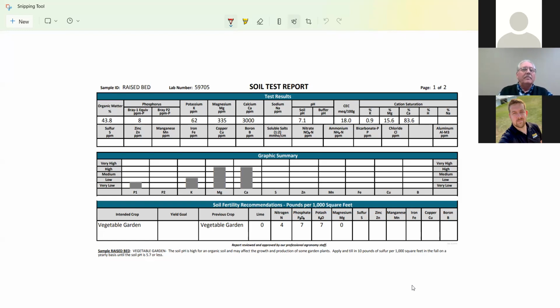Yeah, so again, we're going to kind of go across. The organic matter is pretty high, actually to a point where you might want to watch how some of these different interactions go. One thing I notice is if you have something that's really high in carbon, which organic matter is, it can tend to tie up your nitrogen.